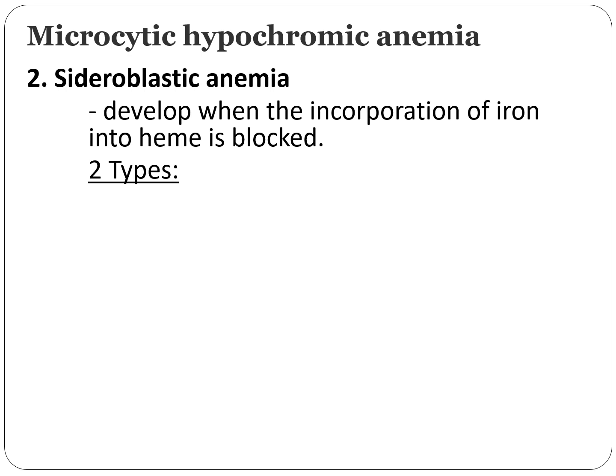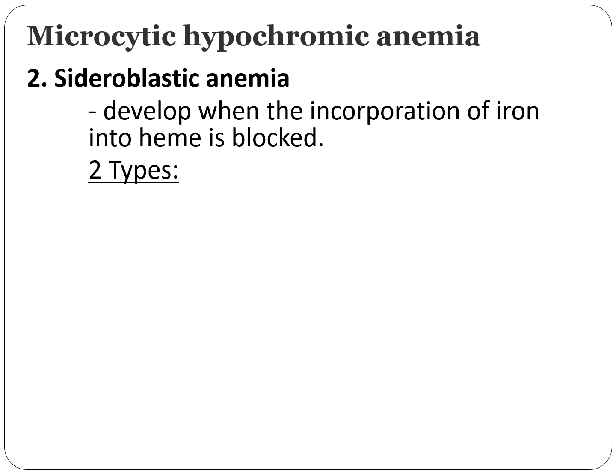Basically, the problem here is a blockage in the protoporphyrin pathway in the heme synthesis. So yun yung nagiging problema natin sa sideroblastic anemia. This is caused by a block in the protoporphyrin pathway, resulting in defective hemoglobin synthesis and an iron overload.